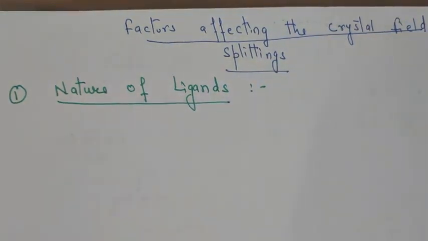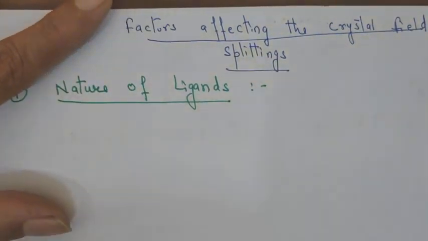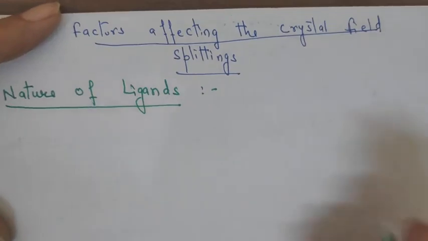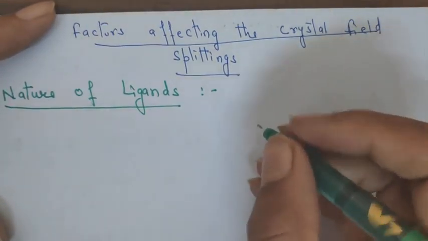So you know that some ligands cause larger crystal field splitting and some ligands cause smaller crystal field splitting. So we can categorize the ligands depending upon the splitting which is caused by them.